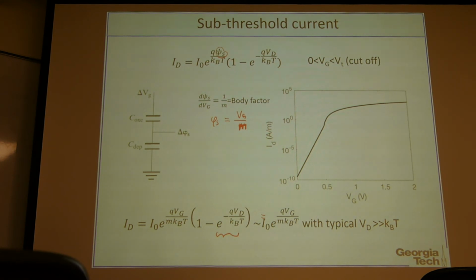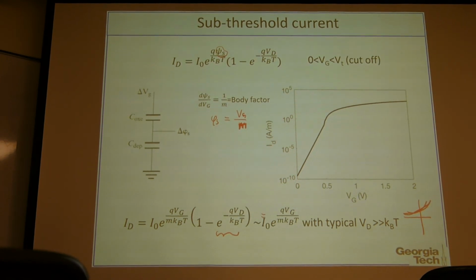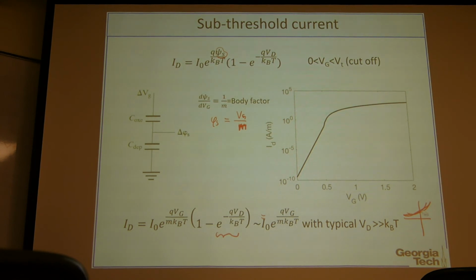And if this negative number is large, this exponential function will approach 0. So that means this will approach 0, so you can ignore this term.